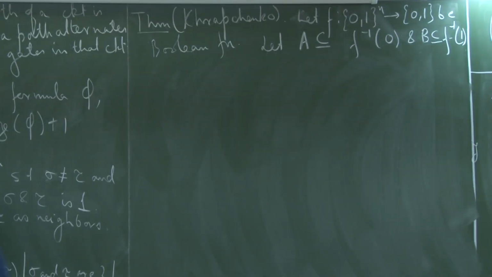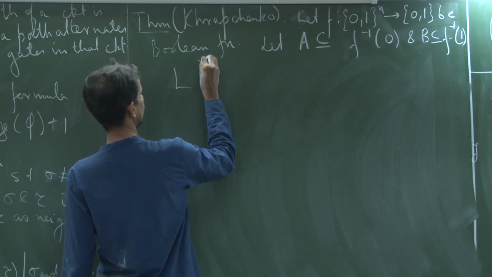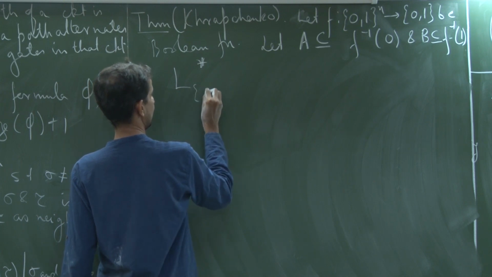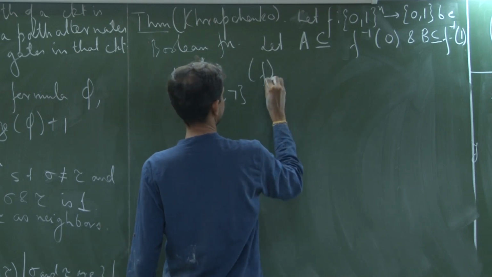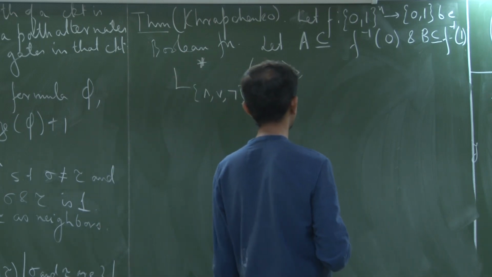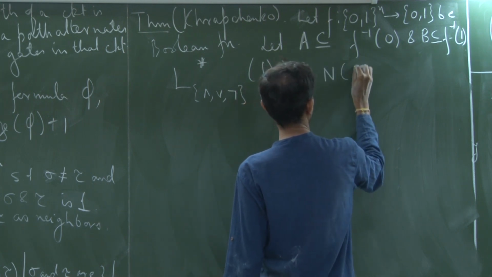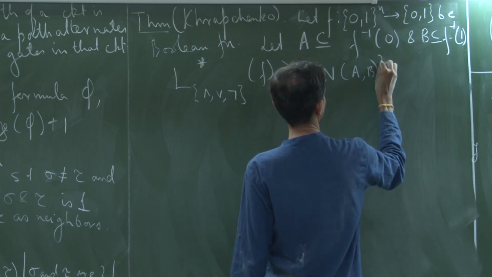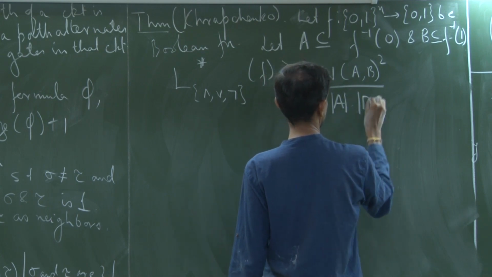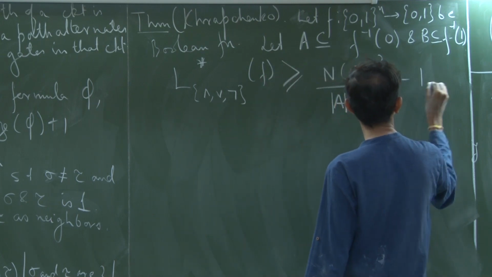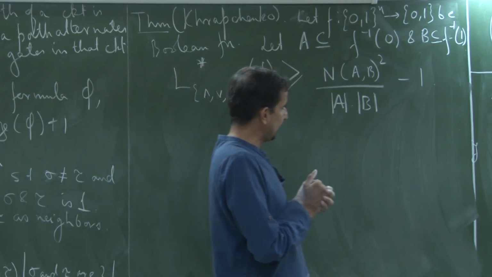Then what Khrapchenko proved is that L star over AND, OR and NOT of f is greater than or equal to N_AB squared divided by cardinality of A times cardinality of B, minus 1. So, let us try to understand this.